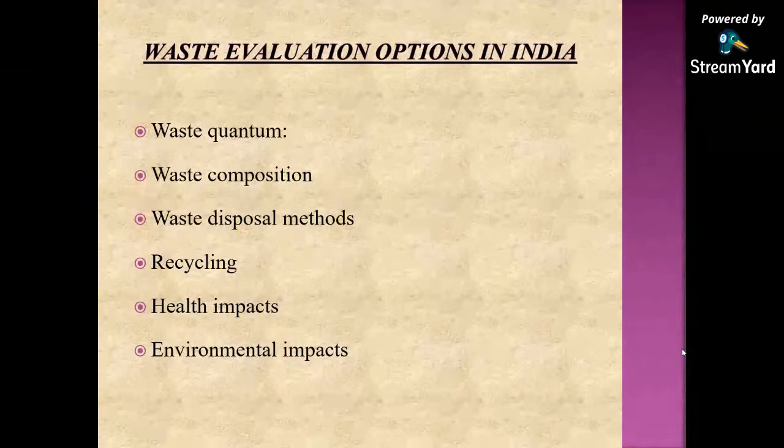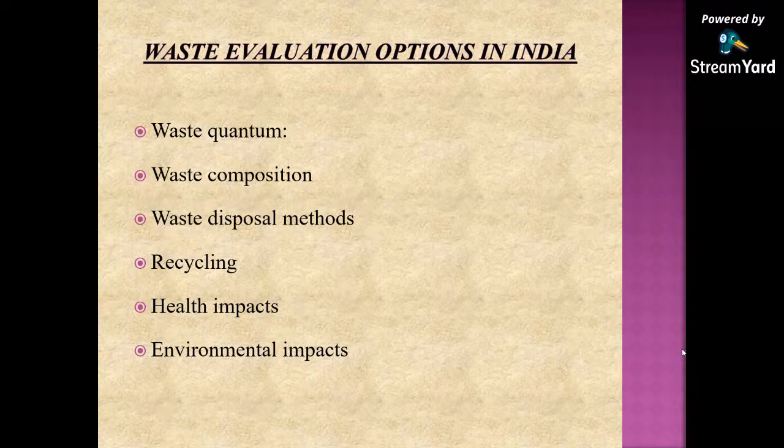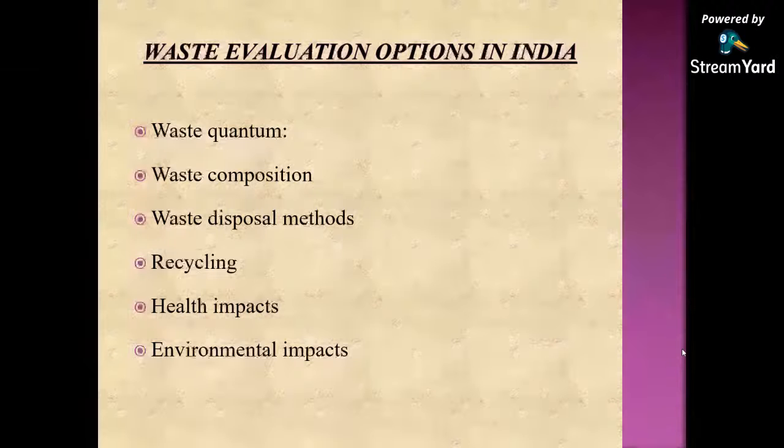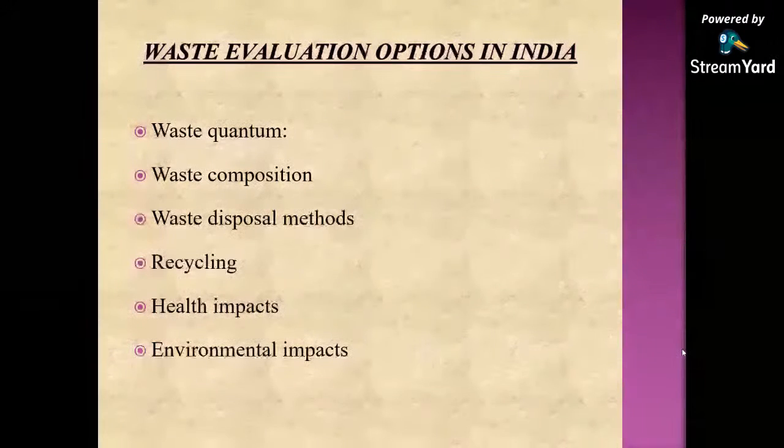The volatile organic compounds and dioxins in air emissions are attributed to increasing hazard resilience. Drain clogging due to uncollected waste leads to stagnant water and subsequent mosquito vector breeding, which are a few of the environmental health issues. And these affect the waste workers as well as the public.